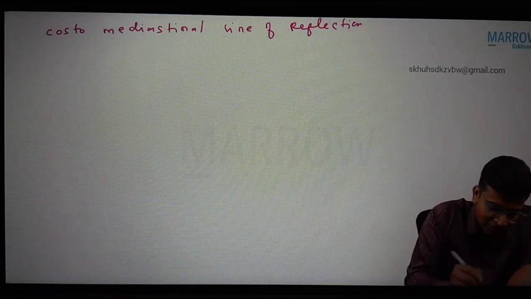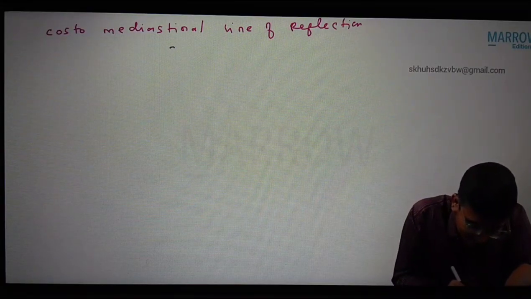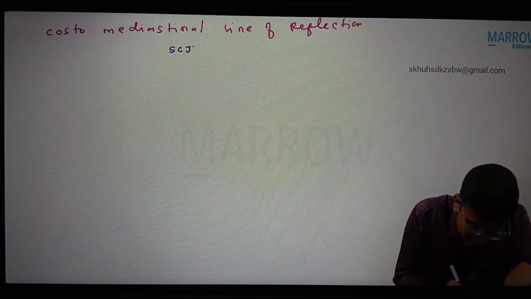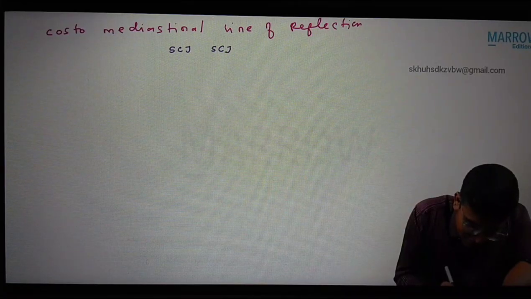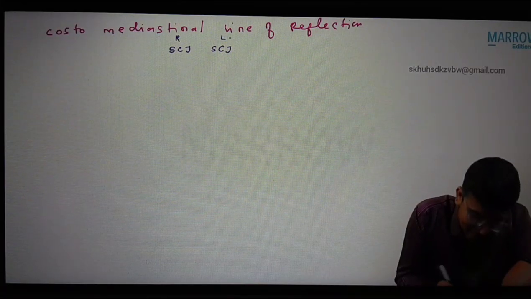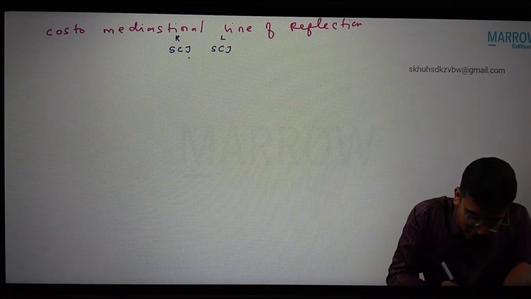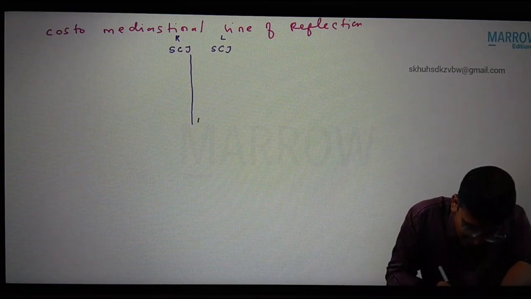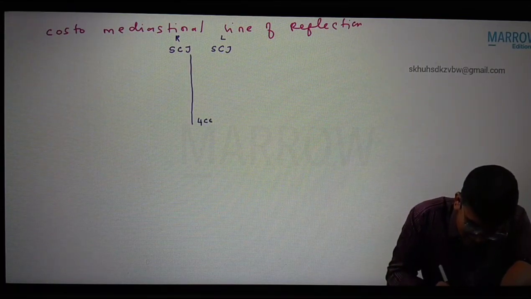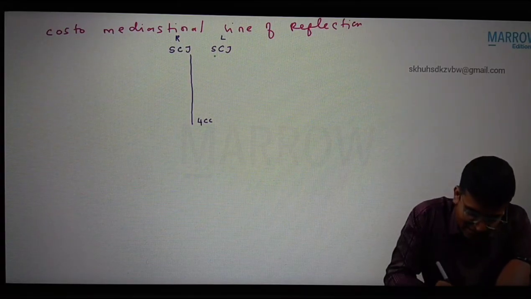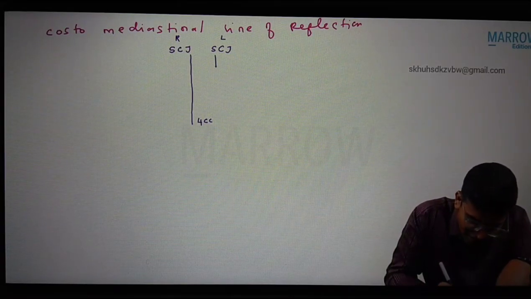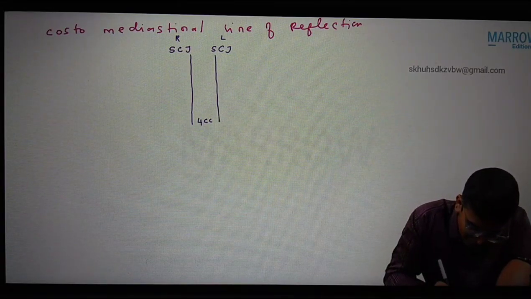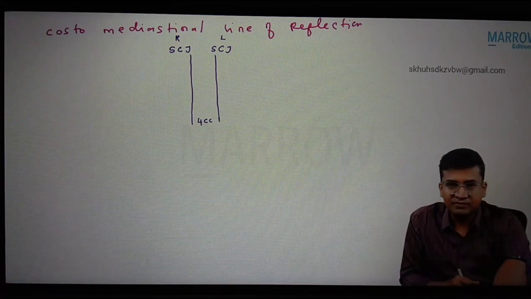Now we're going to start from sternoclavicular junction, right side and the left side. Now from the right side, we have to draw one vertical line up to fourth costal cartilage. Left side, we have to start from left sternoclavicular junction up to fourth costal cartilage.